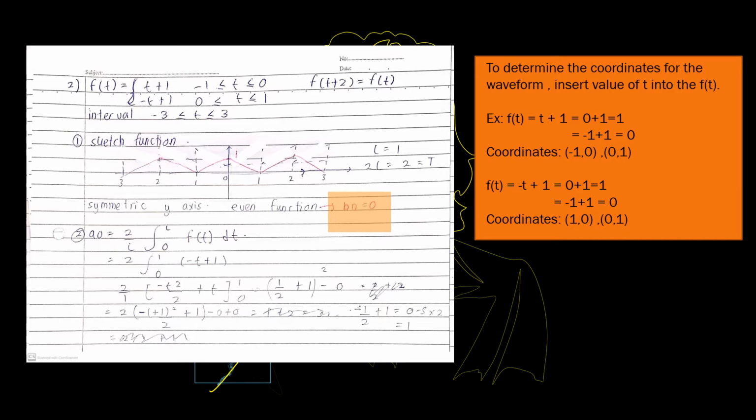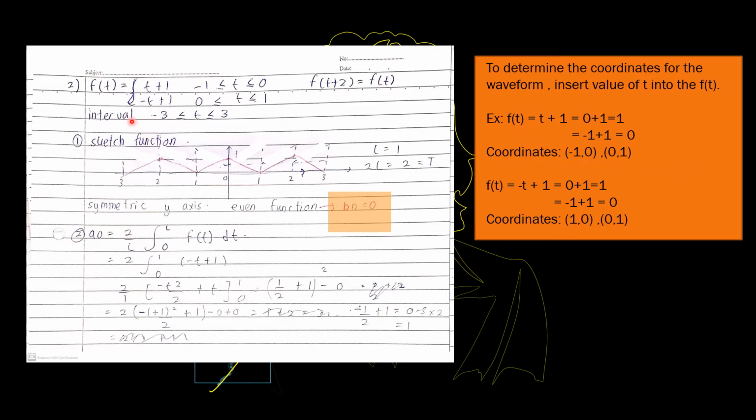So from the equation f(t), we can determine the coordinates for the waveform by inserting the value of t into f(t). So we got the coordinates for t + 1 as (-1, 0) and (0, 1).